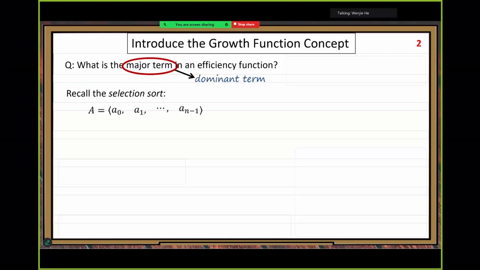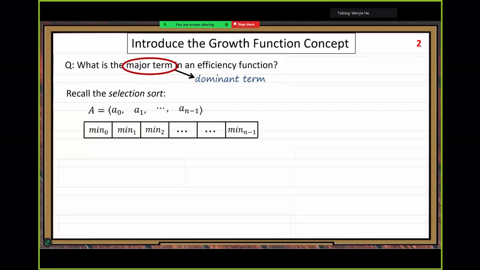We count the number of comparisons, so this is the C function. This function has two terms. It's a polynomial with two terms. The first term is the major term, the dominant term. The second term is the minor term.